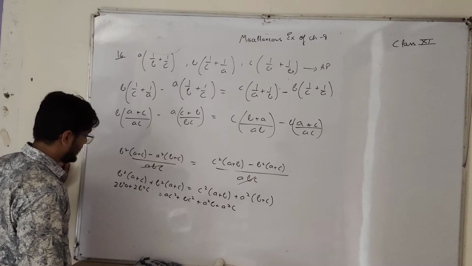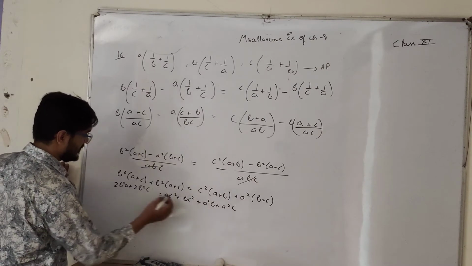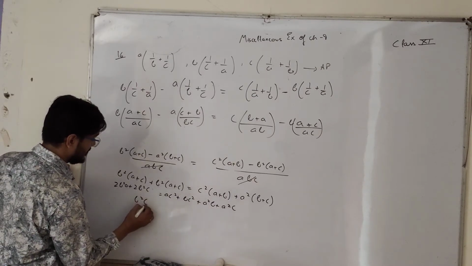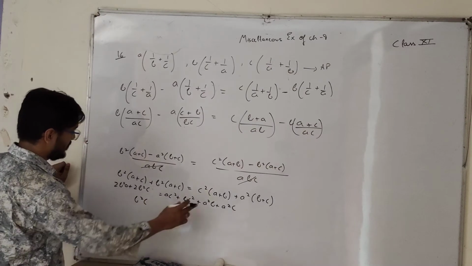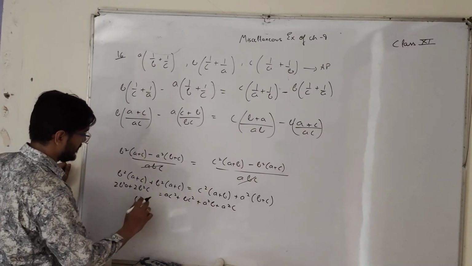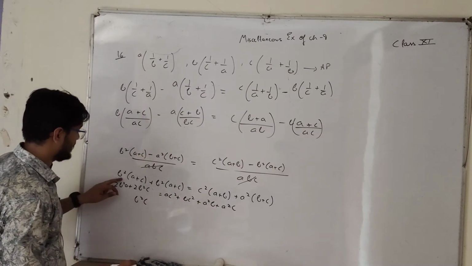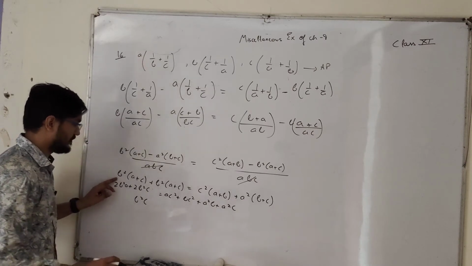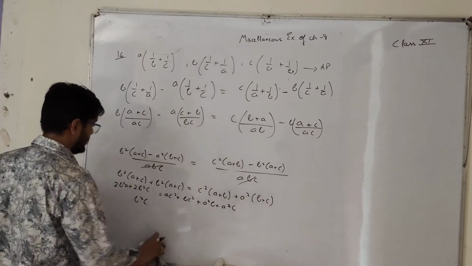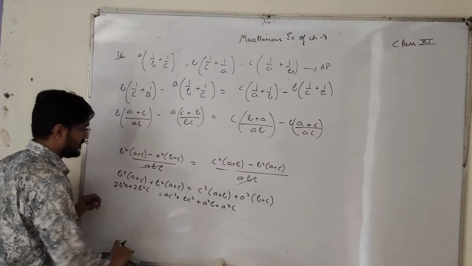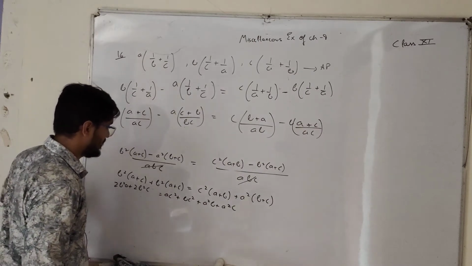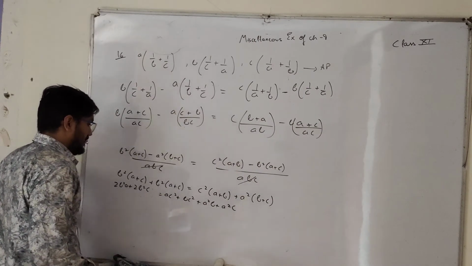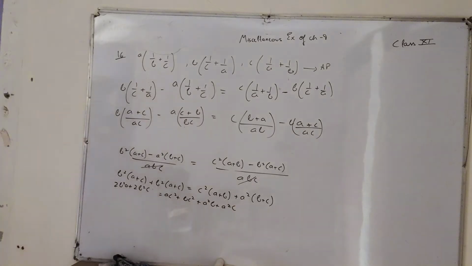So let's just simplify. 2B square C we have, so we have B square C, 2B square A, 2B square A, okay. So we have AC square, BC square. So what we can do in this?